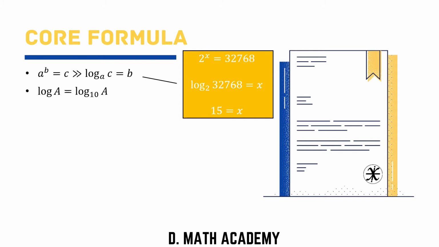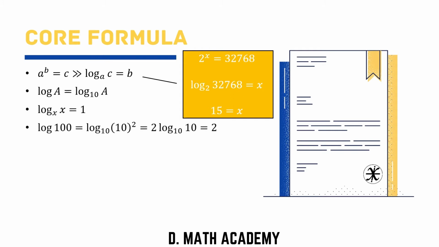So log A can be interpreted as log with a base of 10 and the result of A. Moving on, when your base and the result are the same, it will equal 1, because 10 to the power of 1 equals 10, or 20 to the power of 1 is 20. So it is actually fixed.